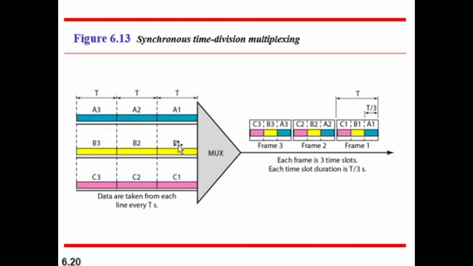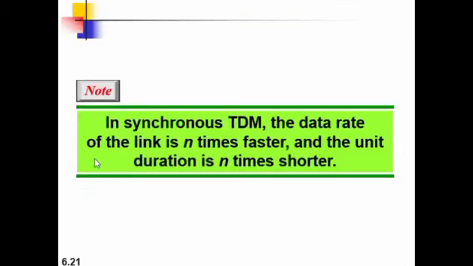In synchronous time division, the data rate of the link is n times faster and the unit duration is n times shorter. So it is working very fast, but the time taken is very low, right? Here you can again see that the low rate signals are combined.